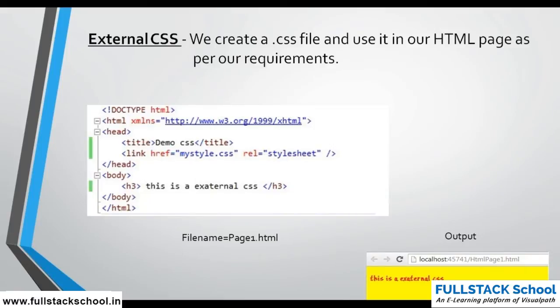There are two ways to create a CSS file. The first is to write the CSS code in Notepad and save it as a .css file. The second one is to directly add the style sheet in our Solution Explorer and direct Visual Studio to use it on our own HTML page.